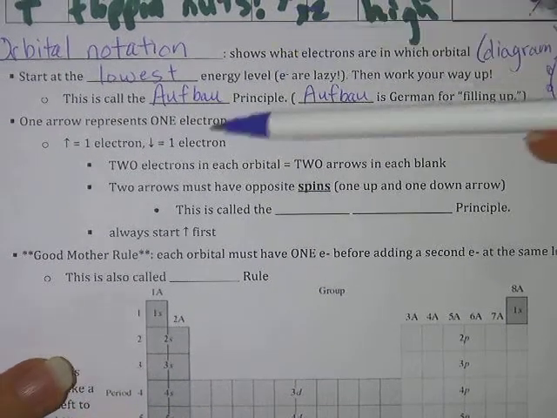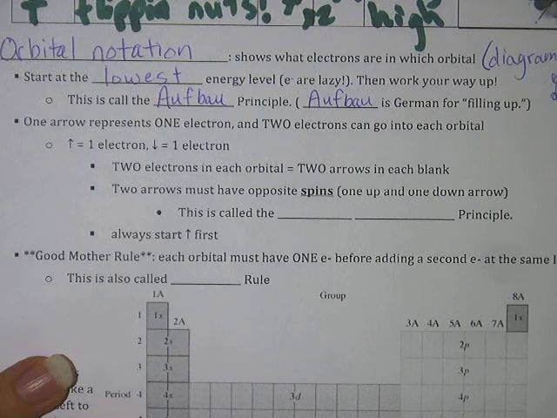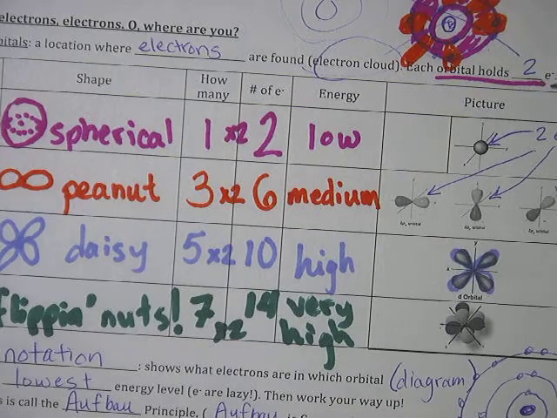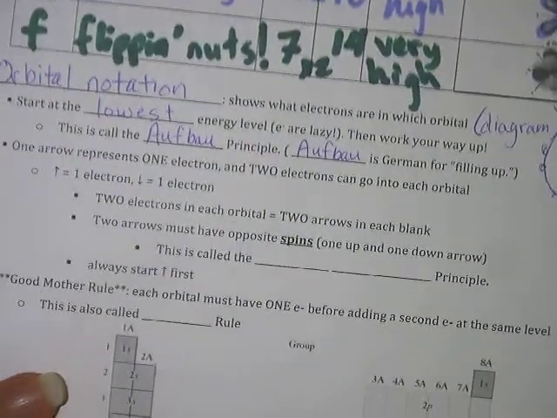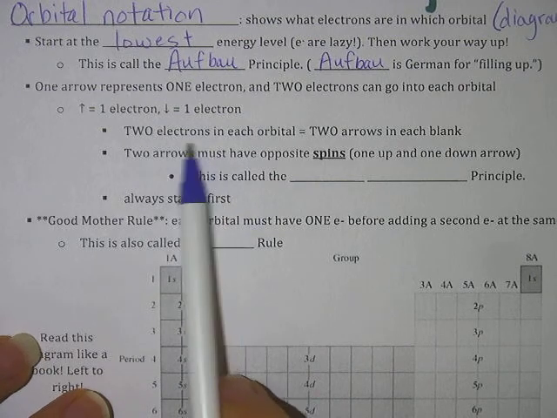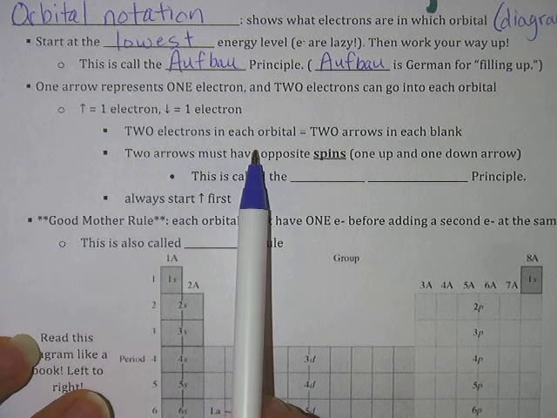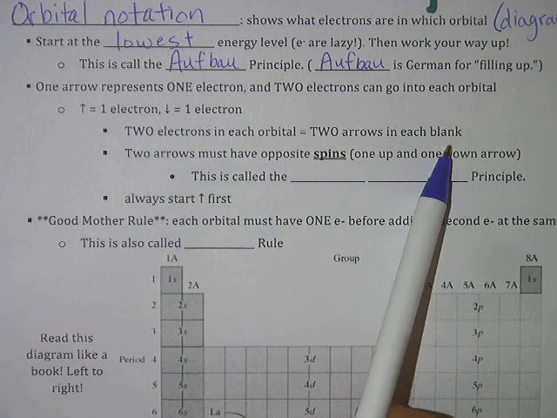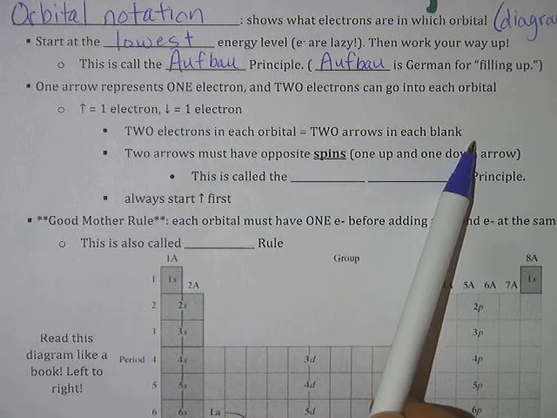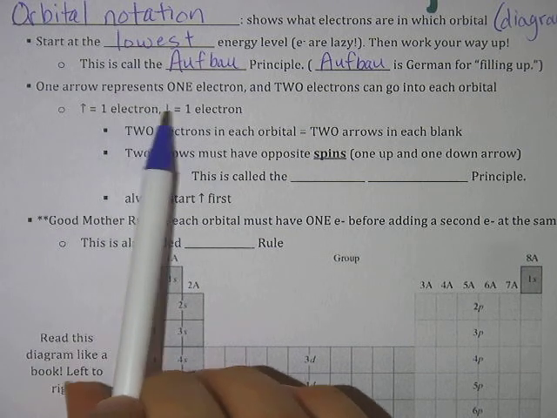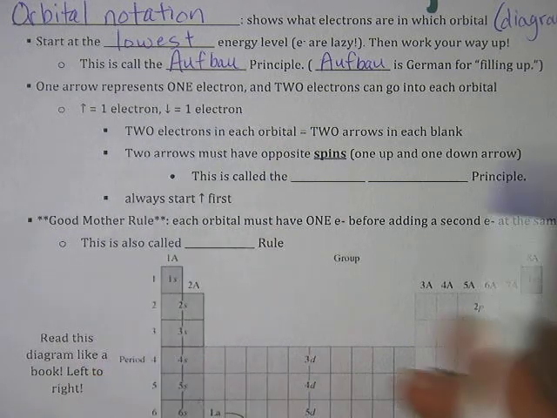When we draw these diagrams, 1 arrow represents 1 electron. You can have 2 electrons go in each orbital, which, again, we set up here. Each orbital holds 2 electrons. And because of that, if we're showing orbitals as blanks, that means you can put 2 arrows in each blank. It'll always be an up arrow is 1 electron, a down arrow is 1 electron.